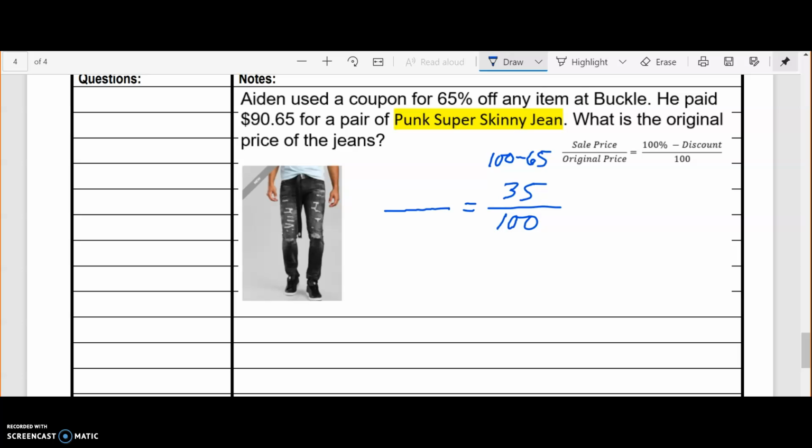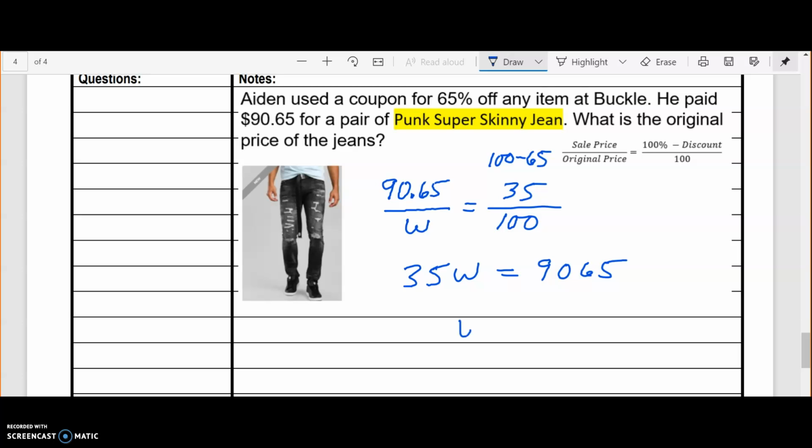So now the $90.65, that's the sale price, which goes on top. And then down on the bottom, that's what we're looking for. So if we do our cross products, we get 35W equals 9065. So we divide that by 35.